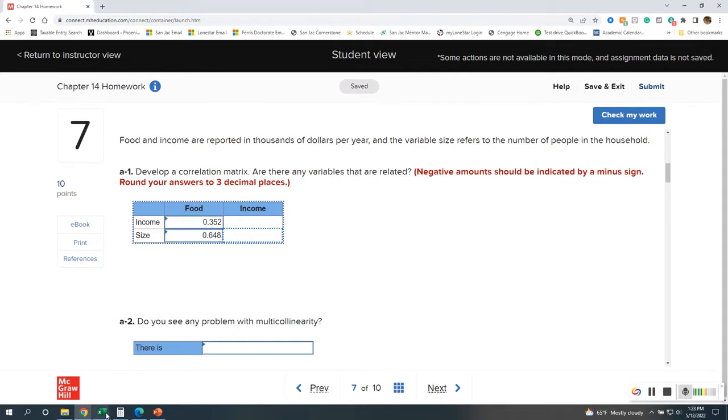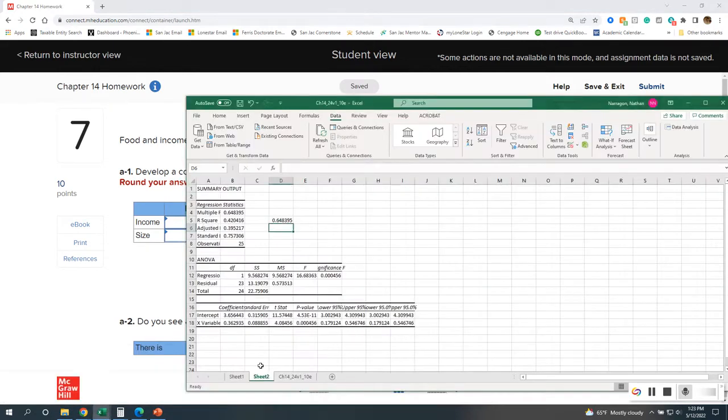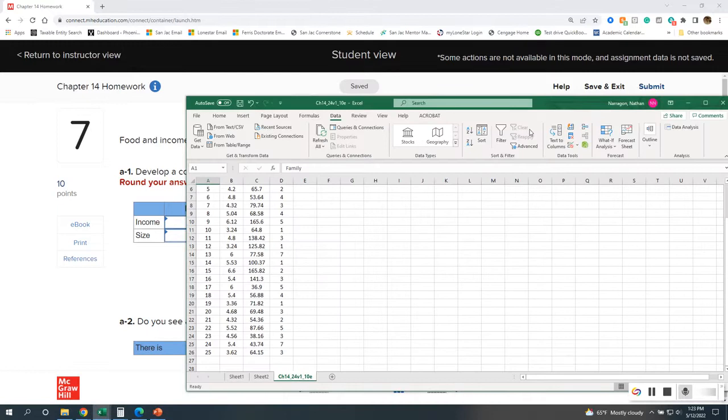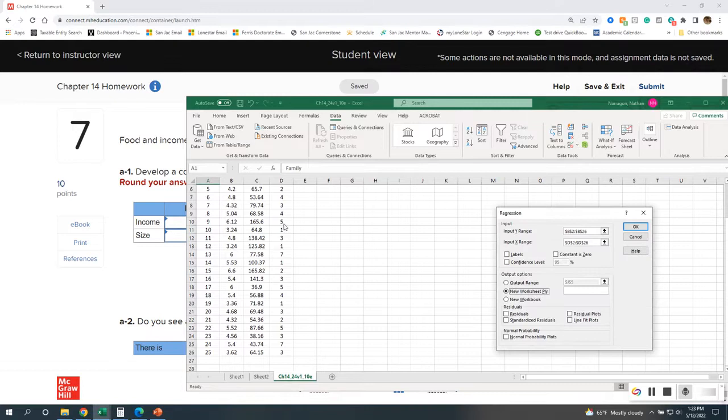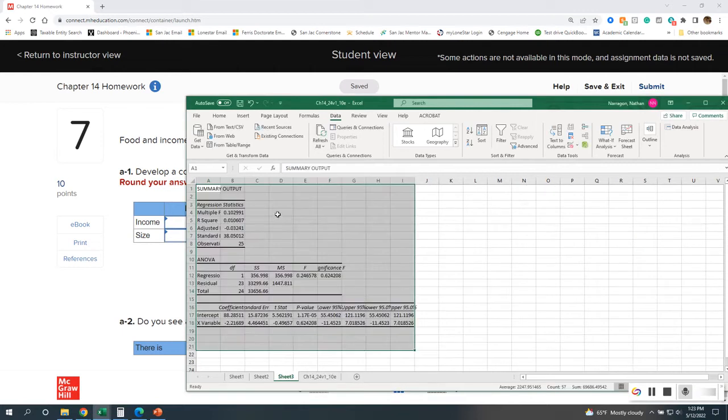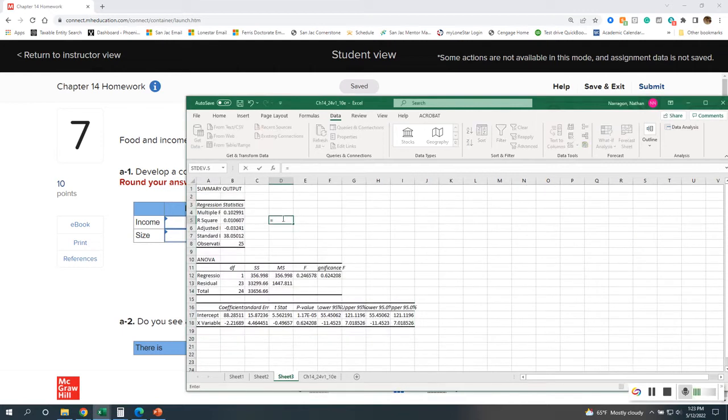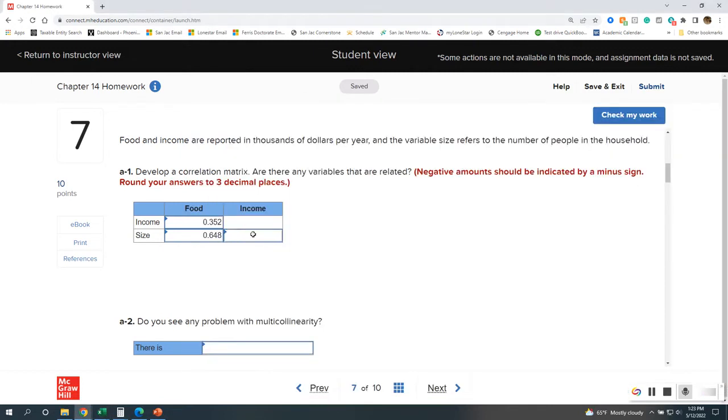Okay, next do it for the income. So data analysis, regression. Now our income becomes the y. Hit OK. This equals 0.31.